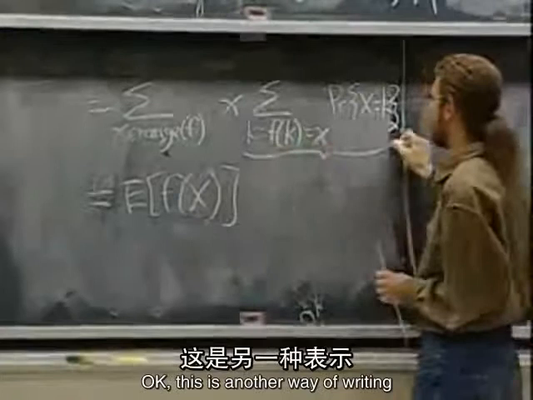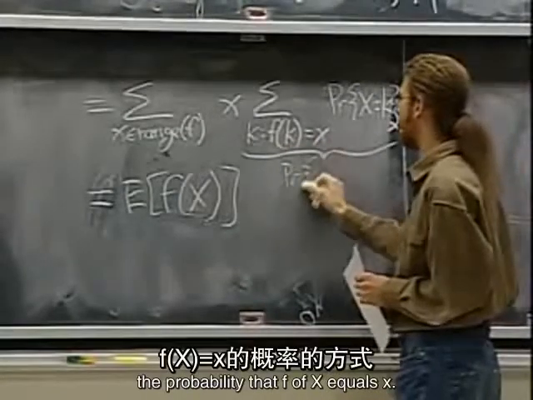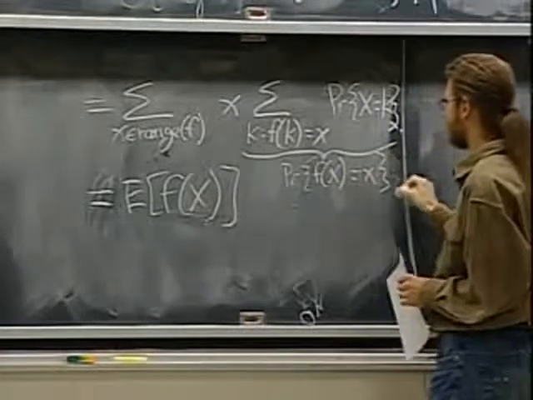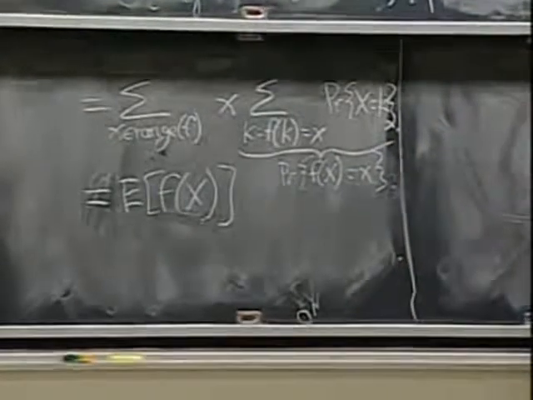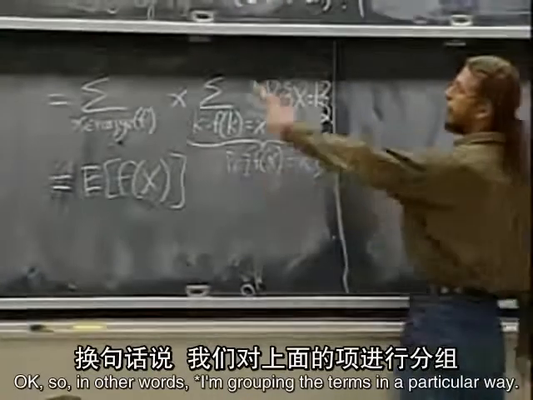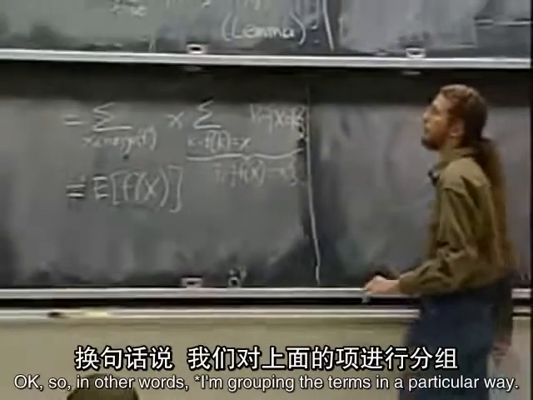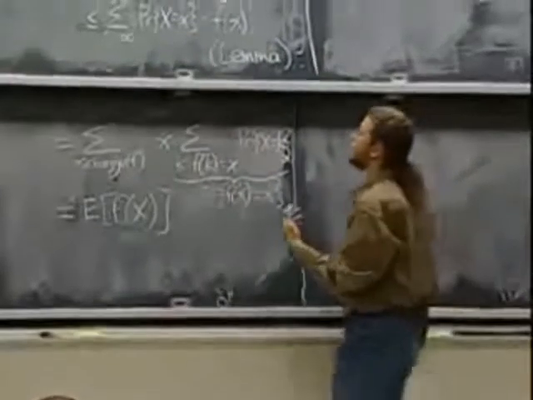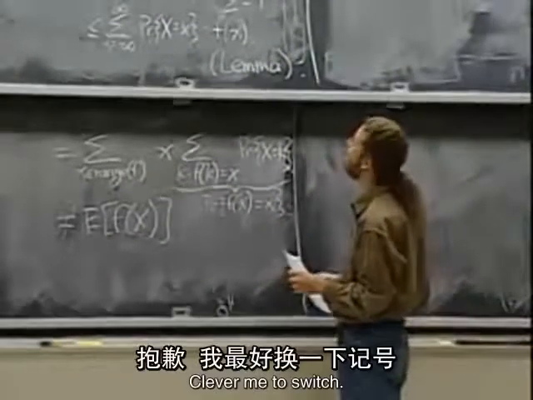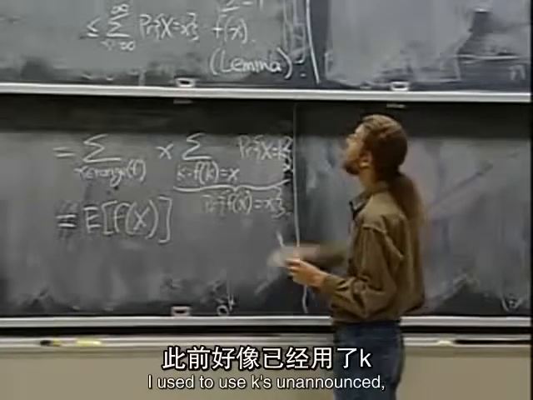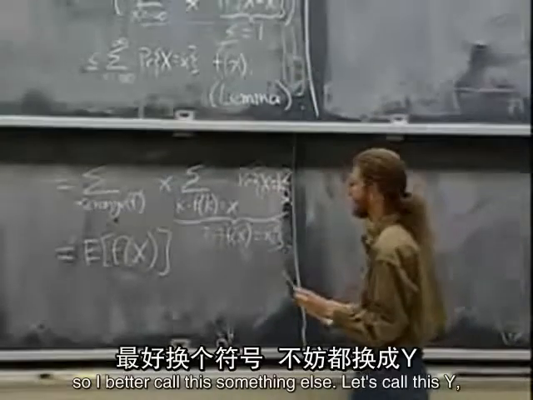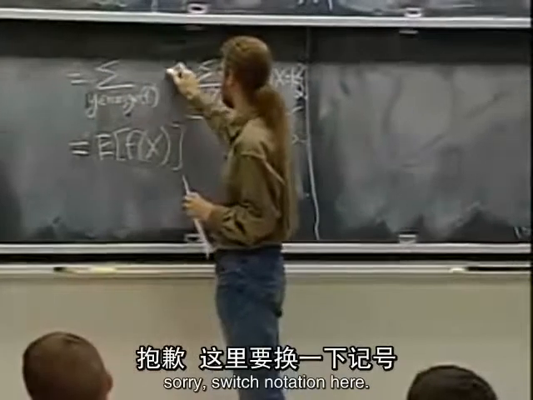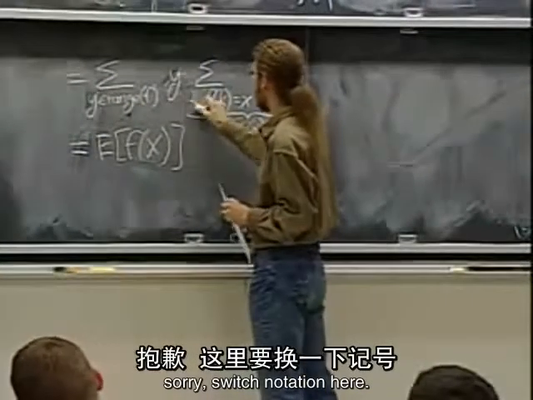This is another way of writing the probability that f of X equals that value. In other words, I'm grouping the terms in a particular way. I'm saying, well, f of X takes on various values. I used k's in the notes, so I better call this something else. Let's call this y. Sorry, switch notation here.